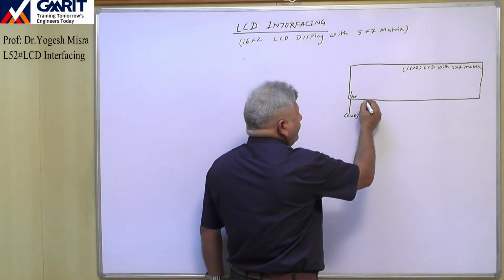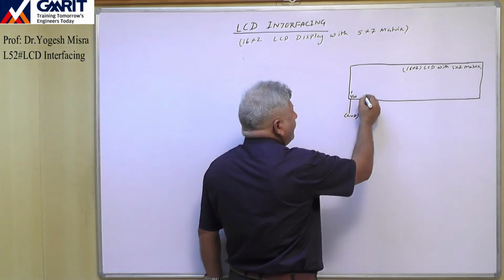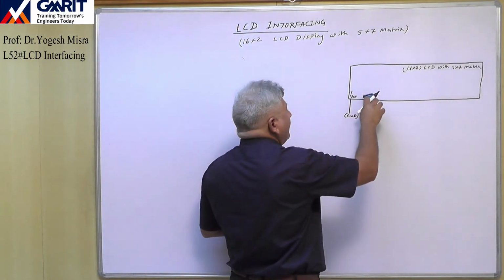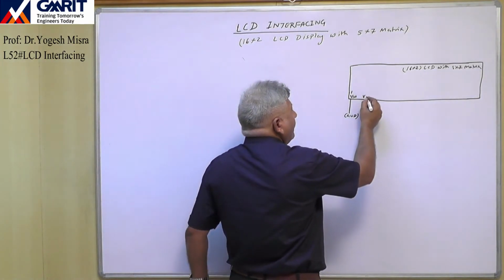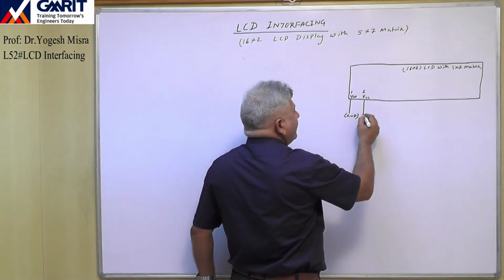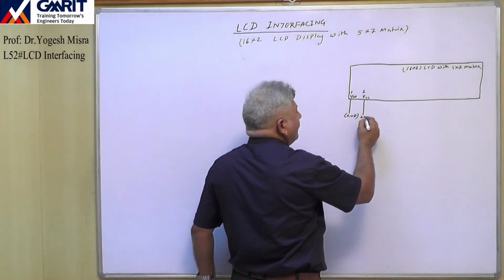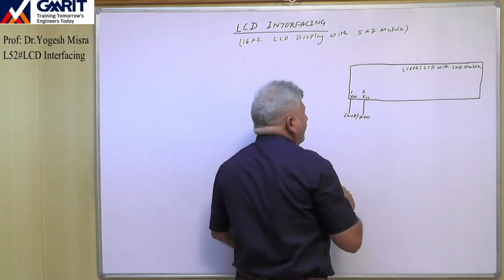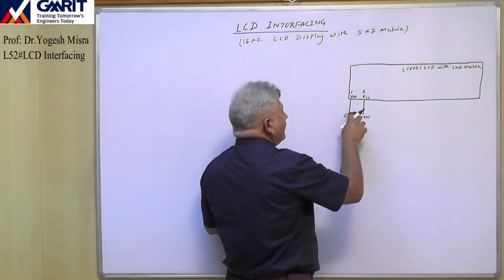Now pin number 2 is VCC. It is VCC, pin number 2. You can connect here plus 5 volt. Okay. So here I will put the symbol of ground.